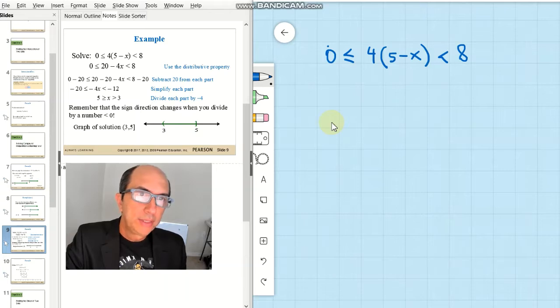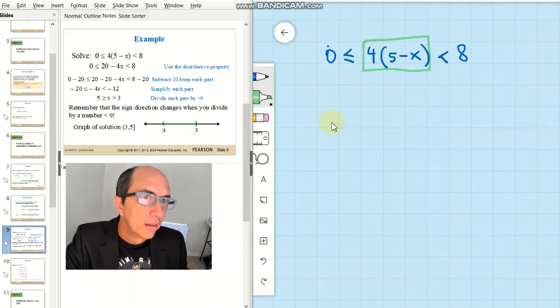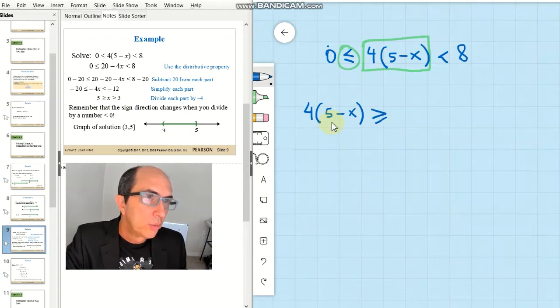And when we have something like that, that means that 4 times 5 minus x, this is the expression, right, is going to be greater or equal than 0, and 5 minus x is going to be less than 8.